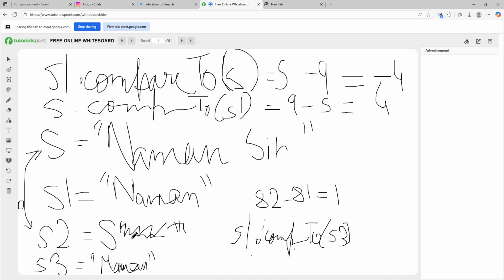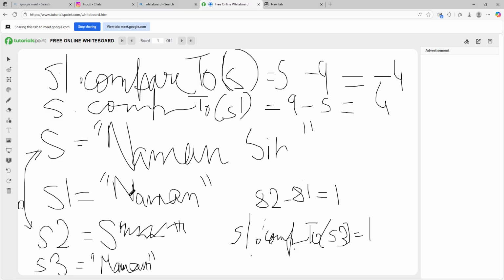Then it will compare the second letter, 0, because it's the same letter. Third, 0. Fourth, 0. Last also 0. So only 1. Let's say s3 was "mumum" and s1 was "naman" only.